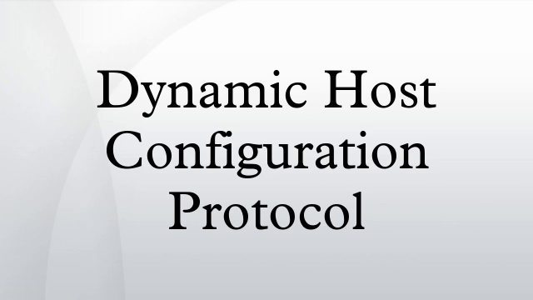DHCP Offer. When a DHCP server receives a DHCP discover message from a client, which is an IP address lease request, the server reserves an IP address for the client and makes a lease offer by sending a DHCP offer message to the client. This message contains the client's MAC address, the IP address that the server is offering, the subnet mask, the lease duration, and the IP address of the DHCP server making the offer.